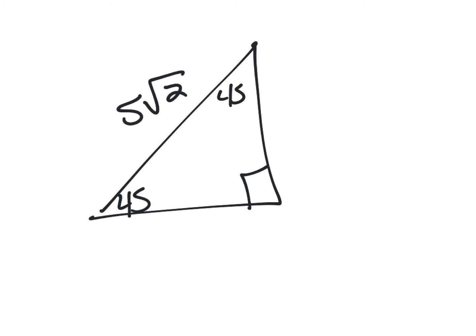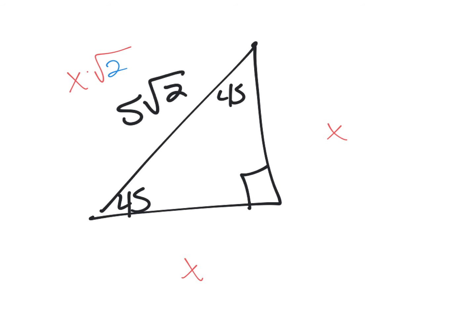Let's do another one. Now the hypotenuse is 5 square root 2, so I'm going to label them x, x, x times square root 2. We're trying to figure out what the legs are. Well, how do we get from hypotenuse to the leg? We're going to have to divide, to get it to just be x, by the square root of 2. So I'll do it off to the side.